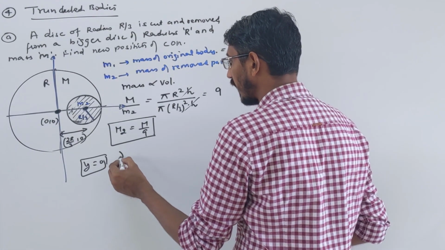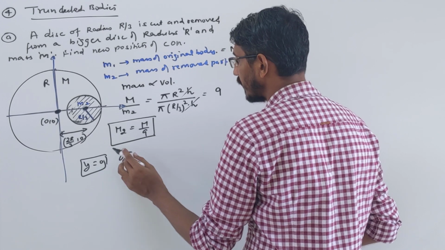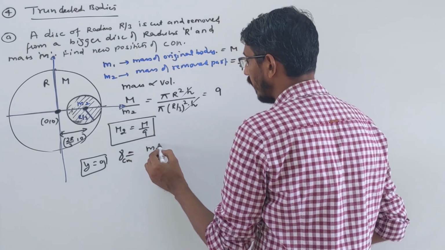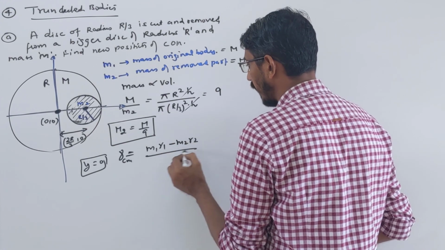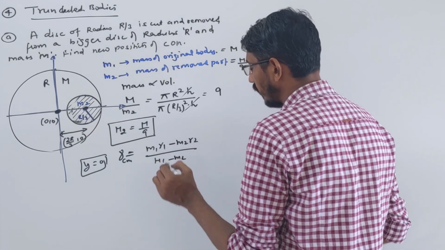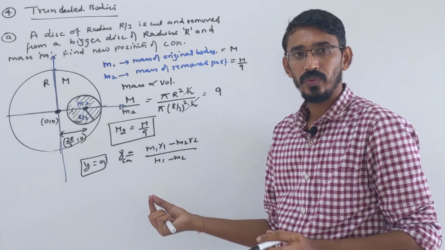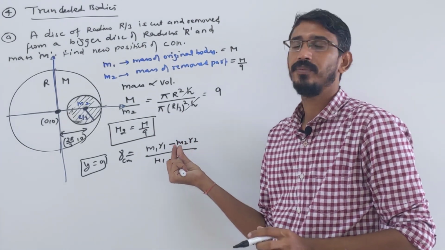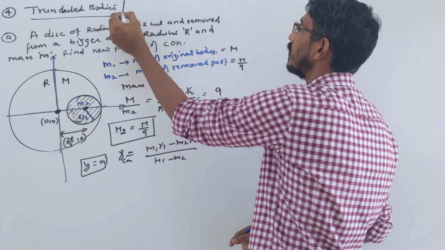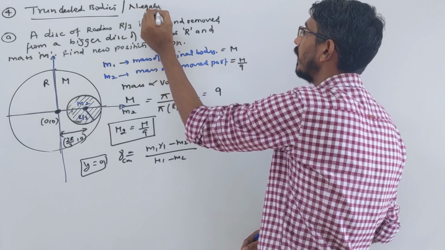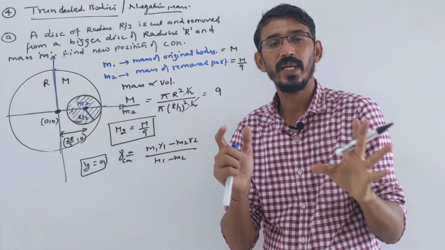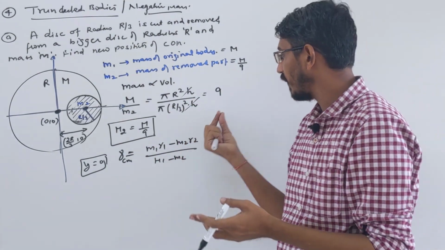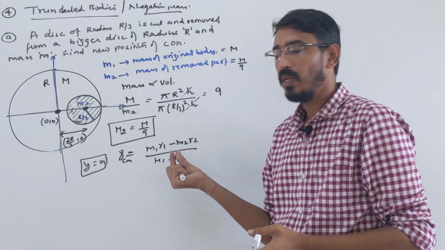So you write the formula, R is m1 r1 minus m2 r2 by m1 minus m2. The part which is removed, you call negative. People also call it the negative mass concept. The part which is cut and removed, we call negative mass. So in the formula, everywhere m2 comes, the removed part, we will call negative.